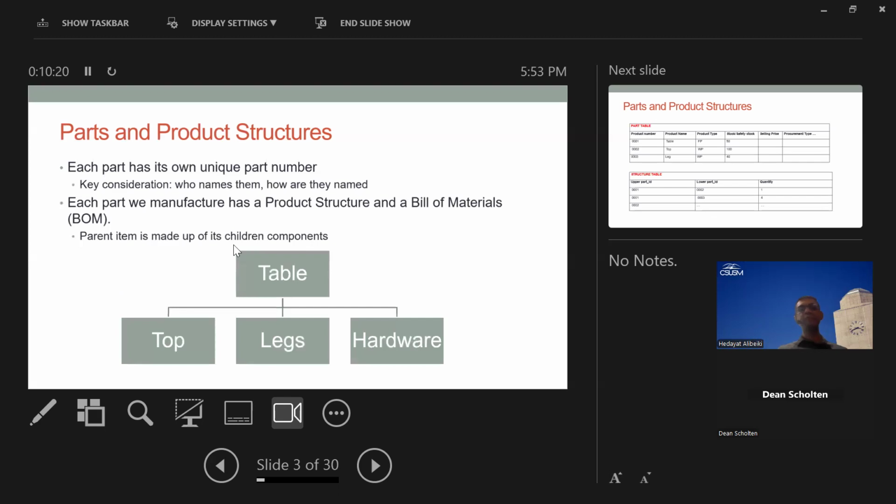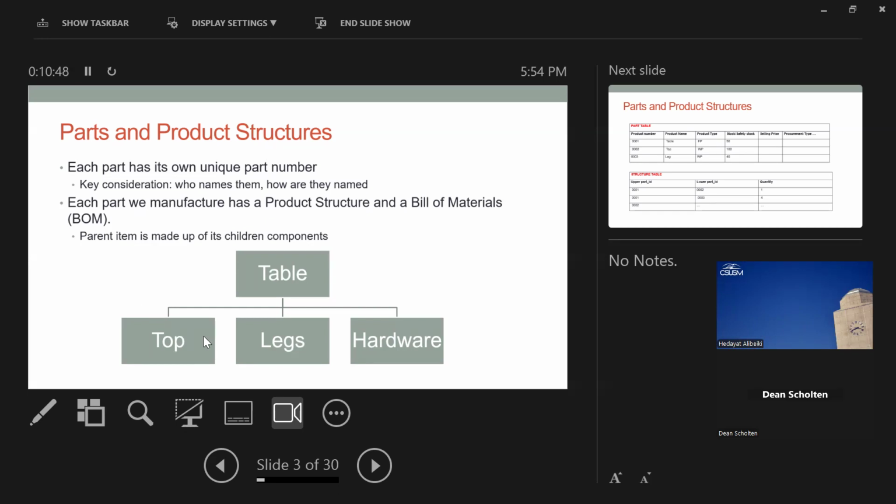So, for example, in this one, how many tabletops do we need? It depends on how many tables we're going to be producing, right? That's the part whose demand, its requirement, depends on its parent product in the bill of material, right? So that's a secondary item. That's a sub-assembly.